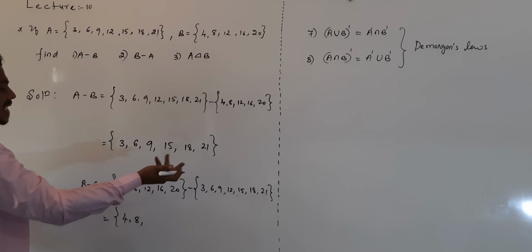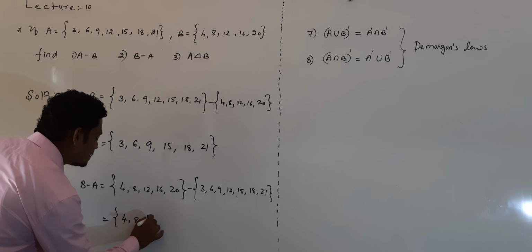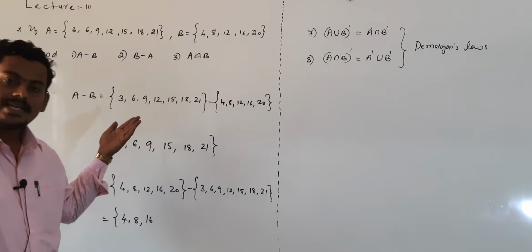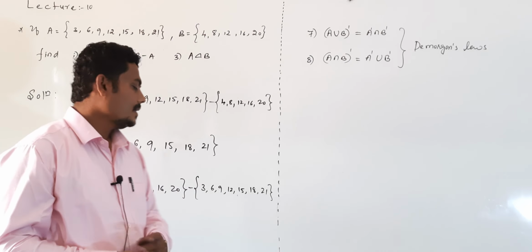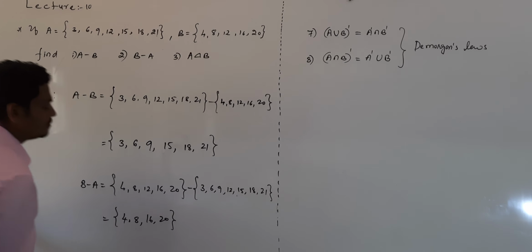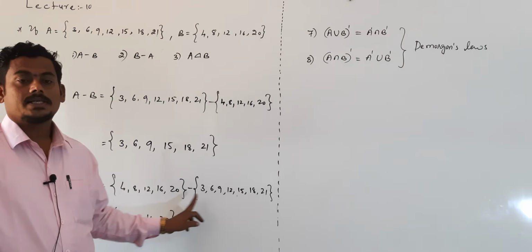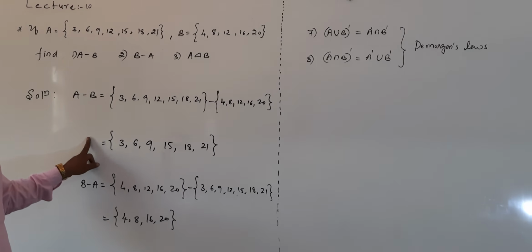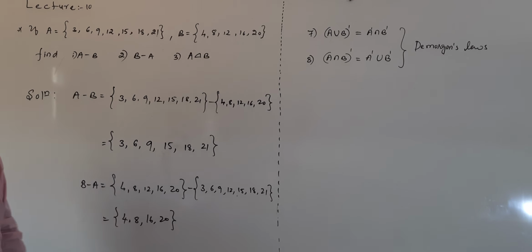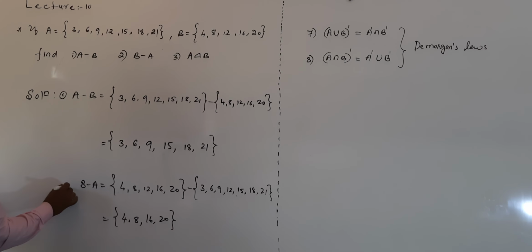So 12 is in set A, so don't write 12. 16, can we write? Yes, because 16 is present in set B only. 20 also. Clearly this is A minus B and this is B minus A.